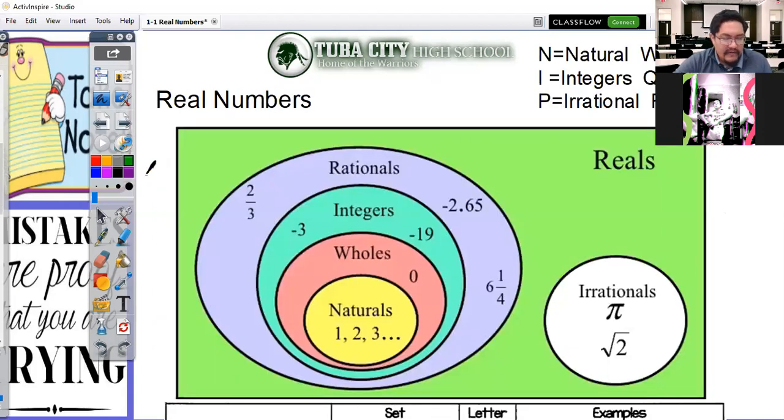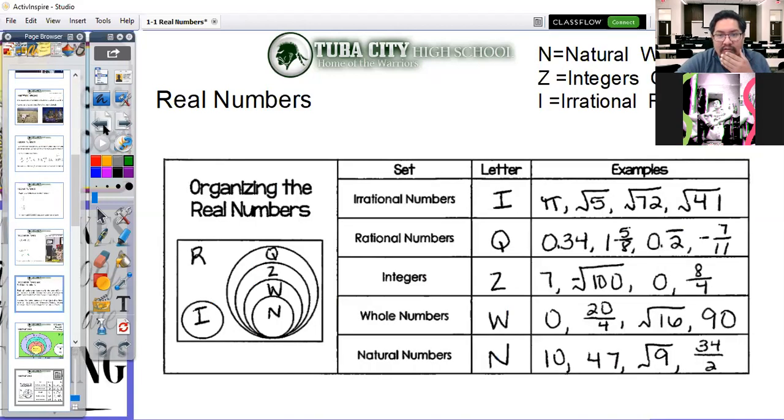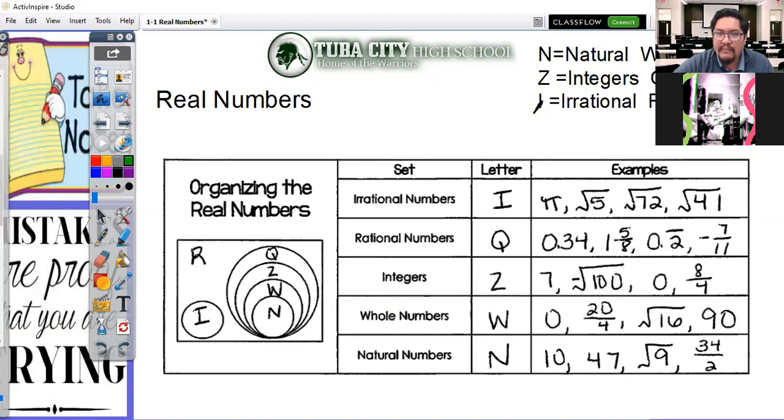So here's a diagram that they give you on what it looks like. These are the codes that they use for natural, whole, integer, rational, irrational, and real numbers. On the packet that you have, it's going to look something like this. So you can go ahead and fill this in. I left the code on top here, so if you're following along, you can fill in your packet.